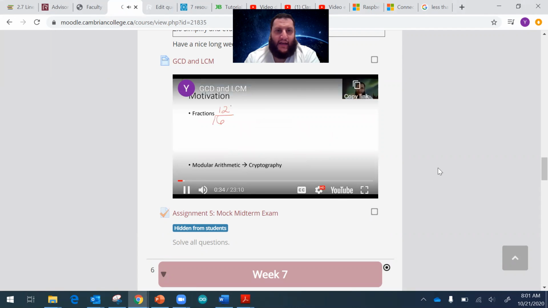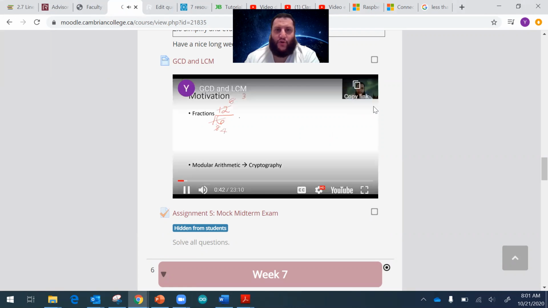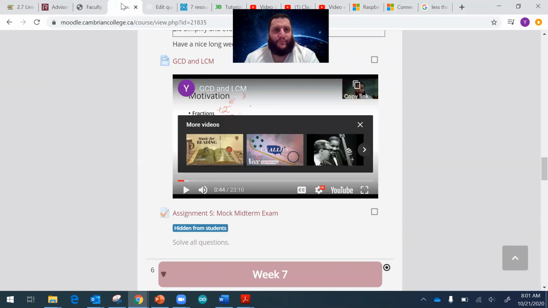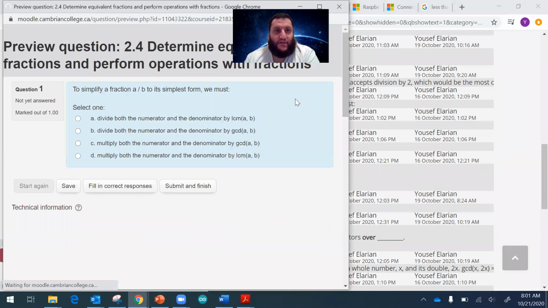Dividing each time, saying it's equal to 6 divided by 8, it's equal to 3 divided by 4, until we reach the result. So that was our question here. The answer is to divide both the numerator and denominator by the GCD.